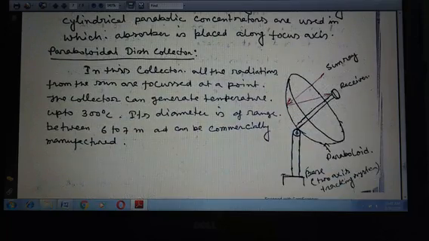Now these are the parabolic dish collectors. In these collectors, all the radiation from the sun is focused at a point. The collector can generate temperatures up to 300 degrees centigrade. Its diameter ranges between 6 to 7 meters and can be commonly manufactured.